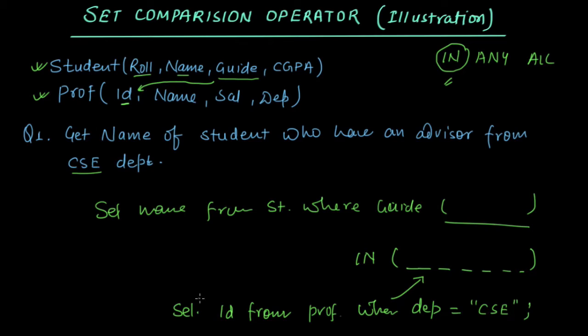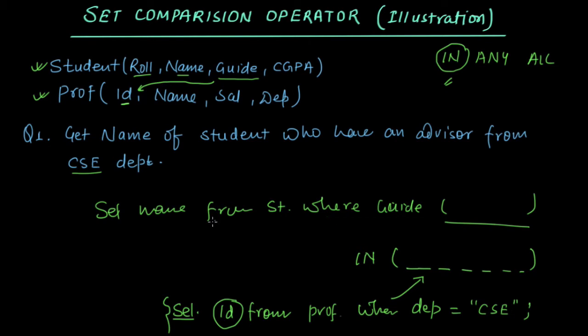Now this internal query, which I have written in short, should be written as select, not like this. So this will give us some IDs of professors who are working in the CSE department. Fine. So we will have some ID1, ID2 and so on.